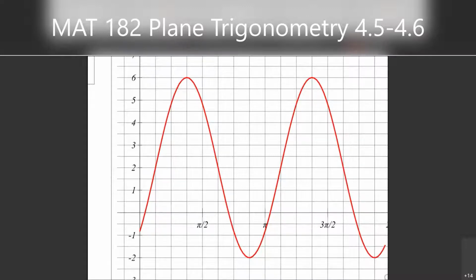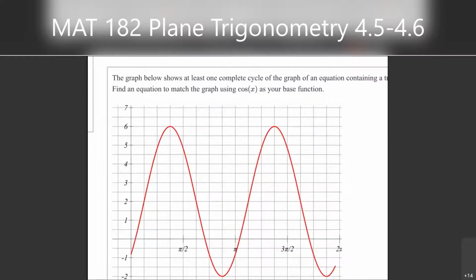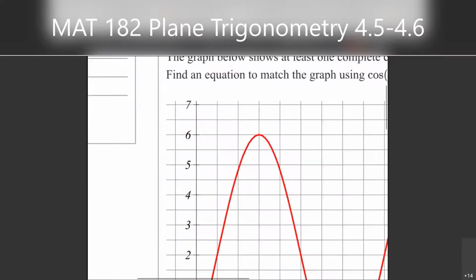Okay, so I've got the midline at 2, the amplitude at 4. We have a cosine function. So let's start now with where our starting point for the graph would be. If I have a cosine function, that means I need to start at my amplitude. So I'm starting at that first peak.